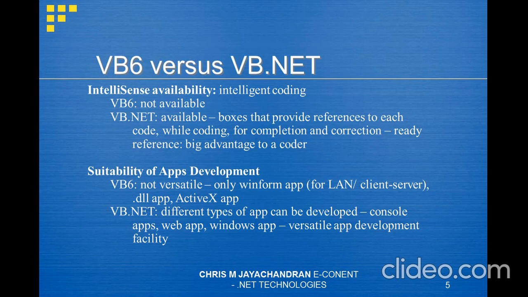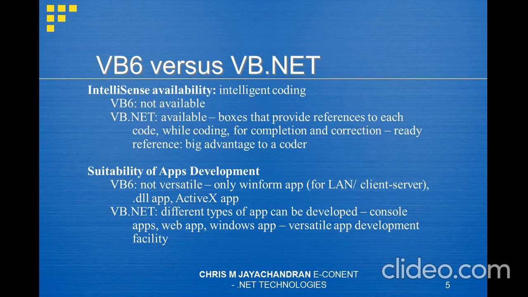But when we are talking about developing apps using VB6, the kind of versatility that we have in VB.NET is not there. The kind of apps that we typically develop using VB6 would be WinForms apps that run on a LAN or on client-server architecture.